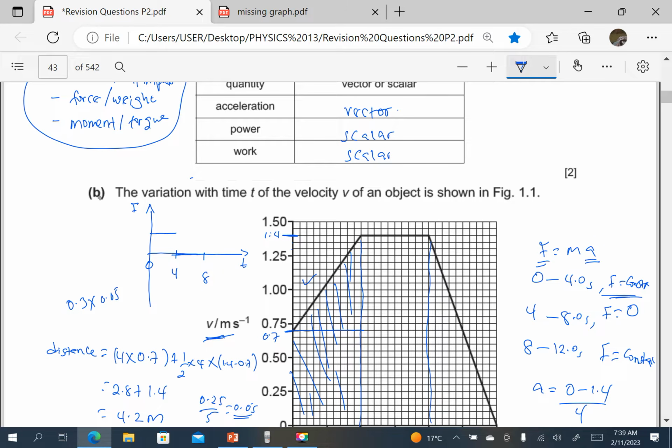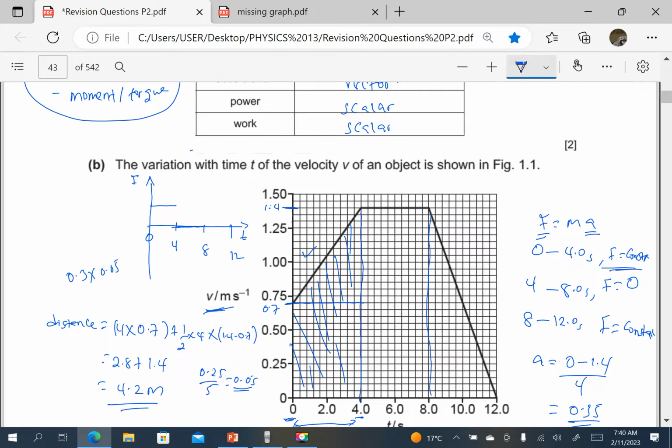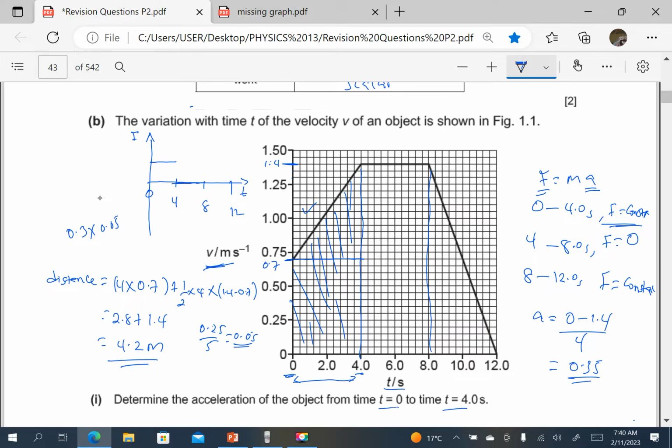Then between t equals 8 to t equals 12, the force was also constant but was negative, and it has a higher magnitude because the acceleration is twice. The force must be twice the first value of F. So we shall draw a horizontal line at the bottom which has twice the magnitude as the first line.